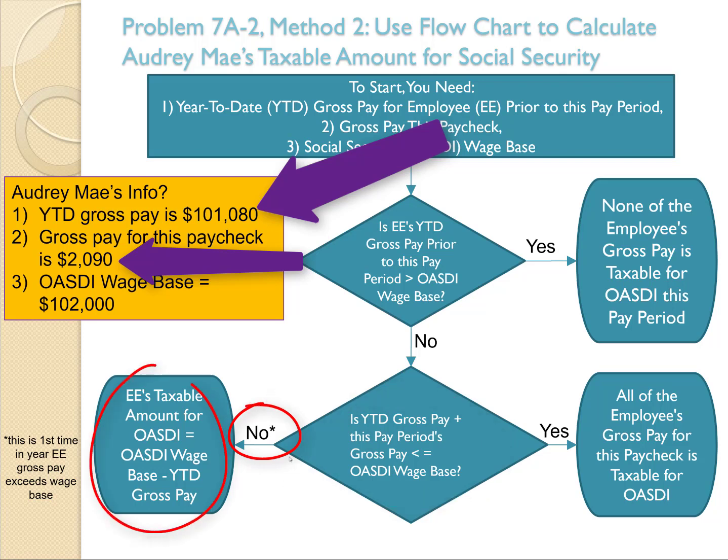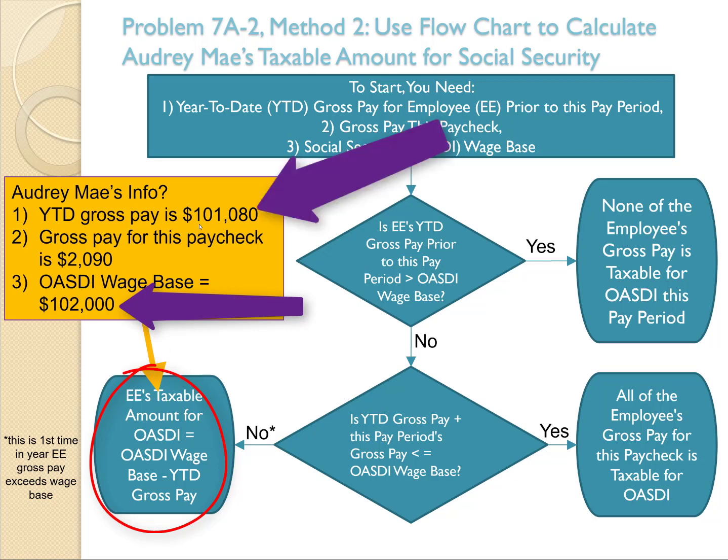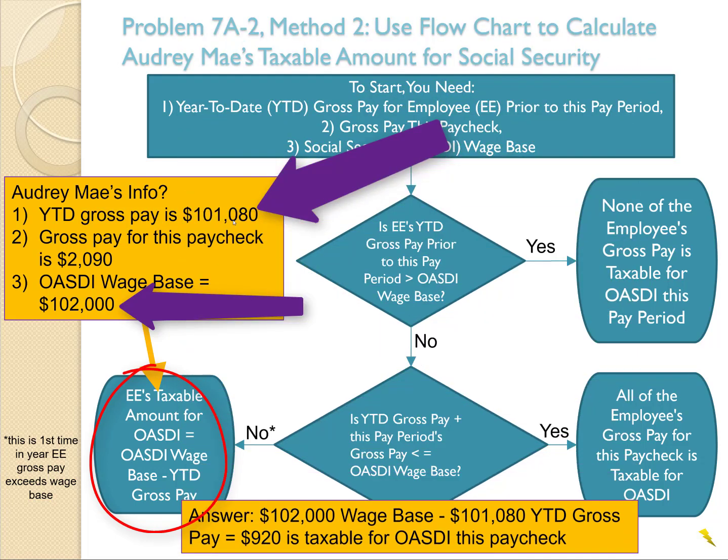So we have to go over here to the no section, and the no section says the employee's taxable amount for OASDI is equal to the OASDI wage base, $102,000, minus the year-to-date gross pay, which is $101,080. So do the math. $102,000 minus $101,080 gives us $920 taxable for OASDI this paycheck.